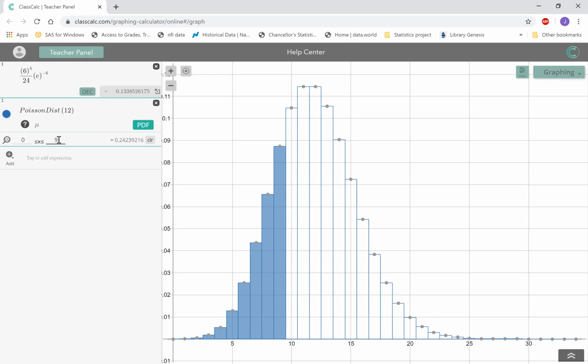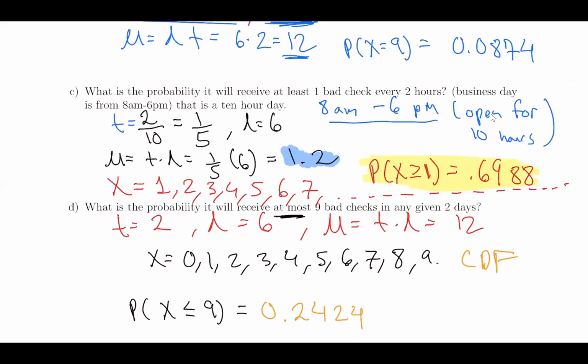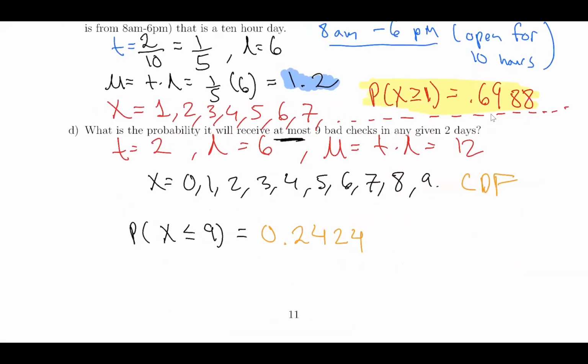So if you look at the probability that we get for that Poisson distribution, we get 0.2424. And that'll be the final answer for the Poisson distribution. And that's the answer I got for D. Any question for D?